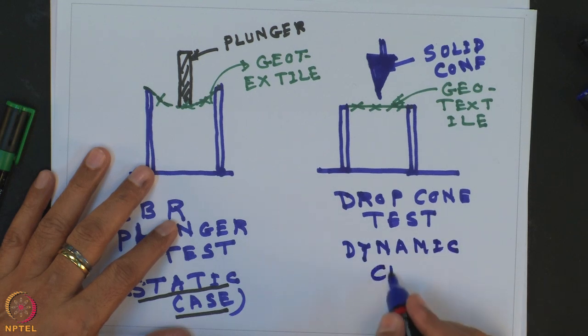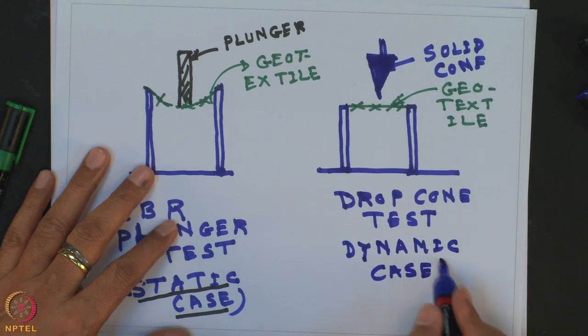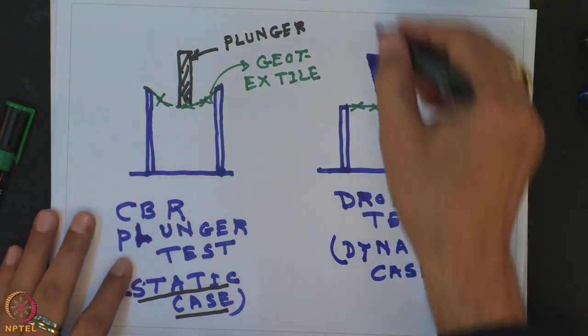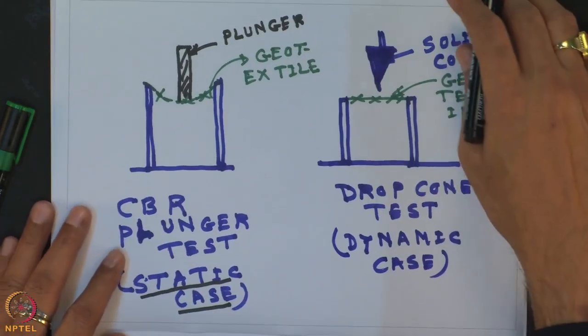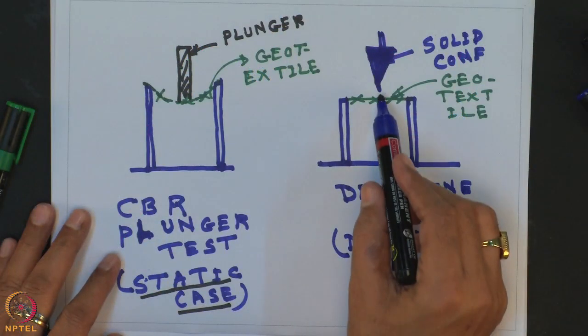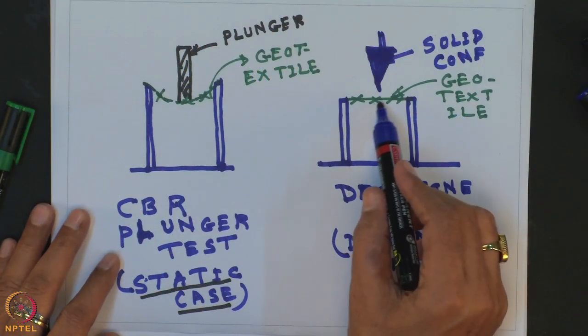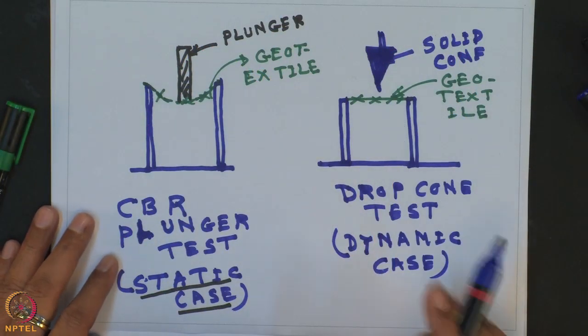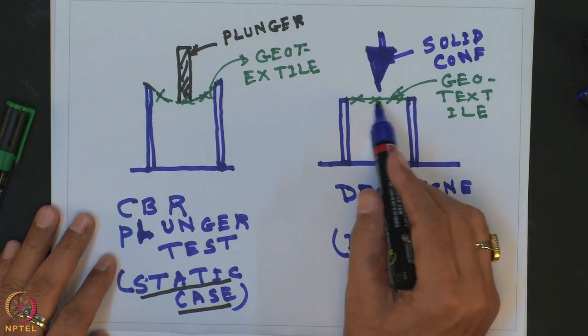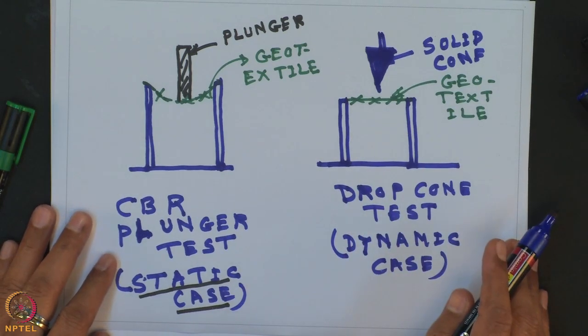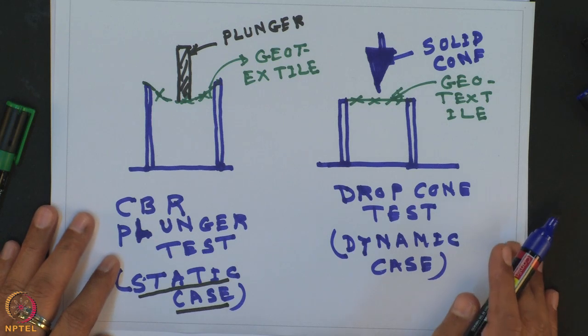It is the dynamic case because you are dropping this solid cone from a particular height on top of the geotextile material, and the geotextile material will plunge. Then you can determine the diameter of the hole due to the plunging.